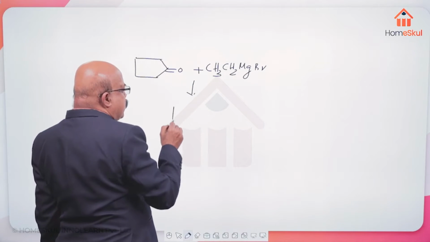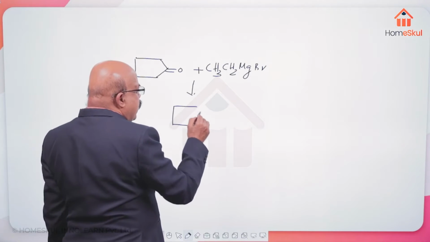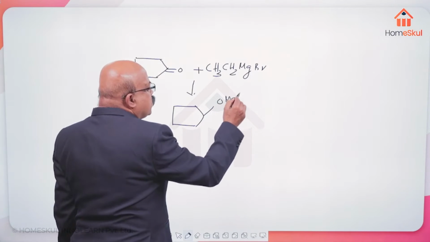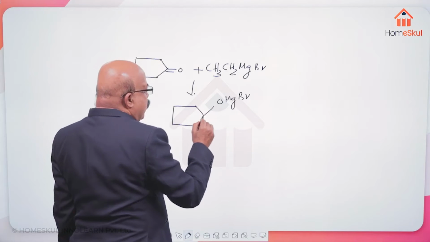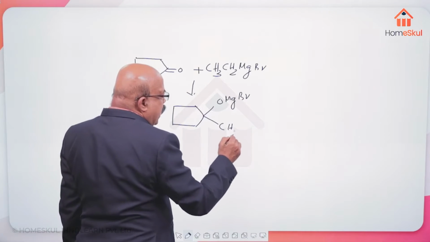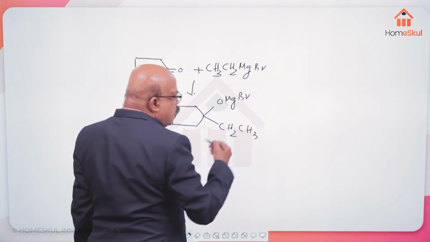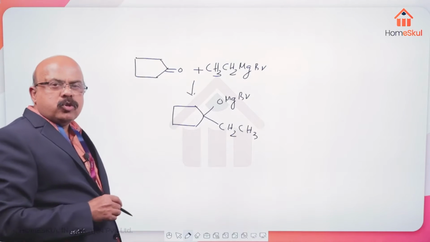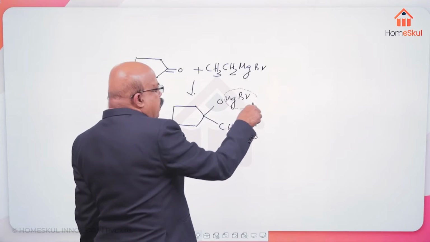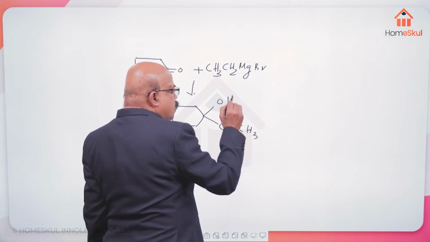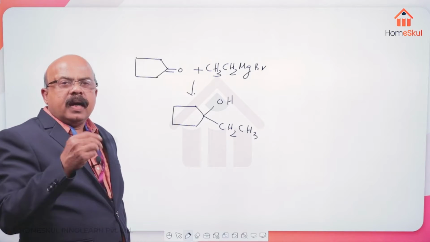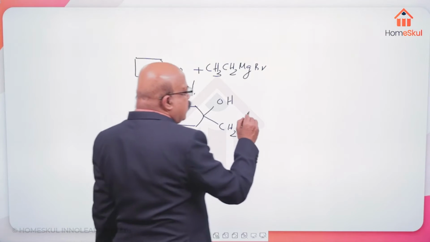Here the first step is a nucleophilic addition reaction. This is the first intermediate formed. MgBr is connecting to this oxygen, and this carbonyl carbon is bonded to one ethyl group. When it is hydrolyzed, you will get an alcohol.